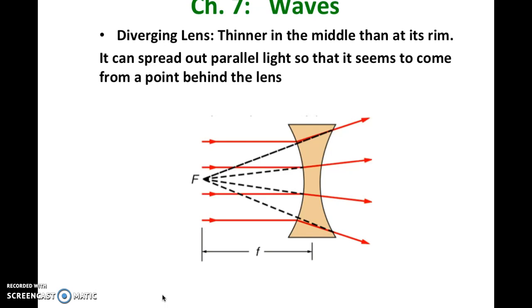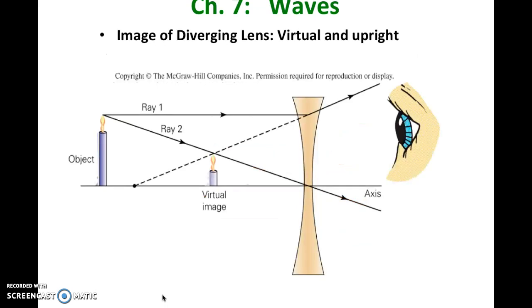So lowercase f is focal length, uppercase F is the focal point. The image of a divergent lens is always virtual and upright, but minimized.